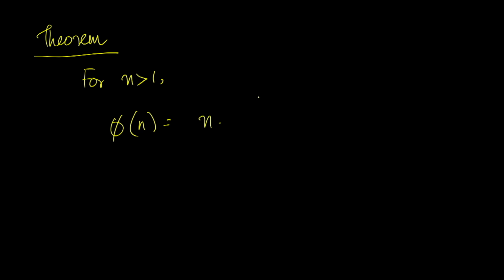Another interesting theorem which allows us to calculate phi easily: for n greater than 1, phi of n is equal to n times the product over all p which divides n of 1 minus 1 by p.